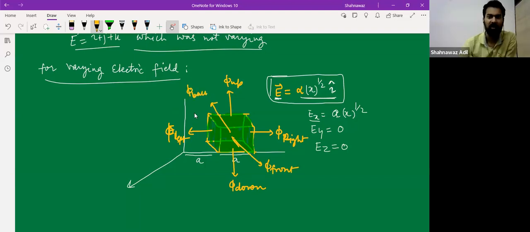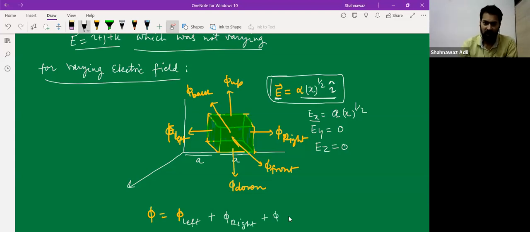backwards. Back. Okay, understood. So the total enclosed phi will be what? Phi total would be phi 1 plus phi left, phi left plus phi right plus phi up plus phi down plus phi front and then phi back.